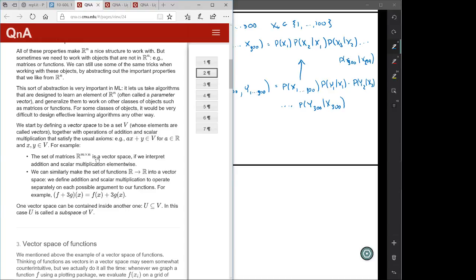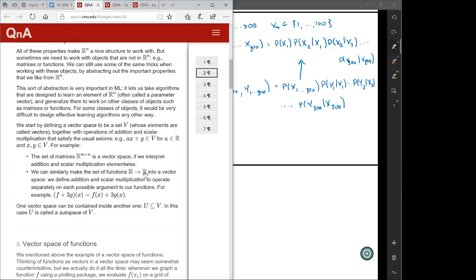So a couple of examples, we can turn m by n matrices into a vector space if we just add them and do scalar multiplication component-wise, right? So matrix A plus matrix B, we get a new matrix by adding together corresponding elements of A and B. Another example is the set of functions that take one real argument and return one real value.